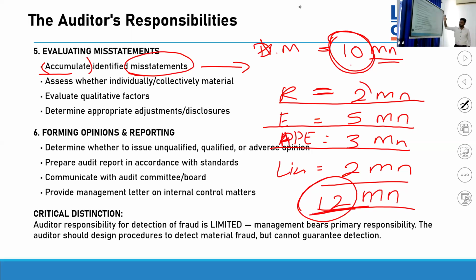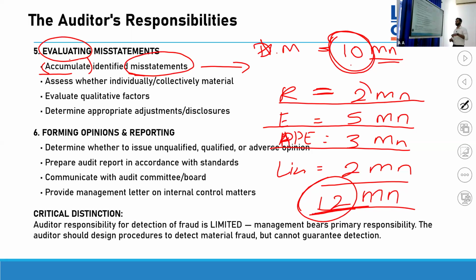Simply, once you complete your audit procedures, it is your responsibility to accumulate the identified misstatements, which means evaluating misstatements, right? Misstatement in the sense it can be any error, any recording omission, right?